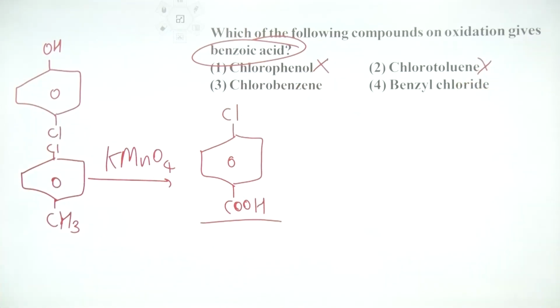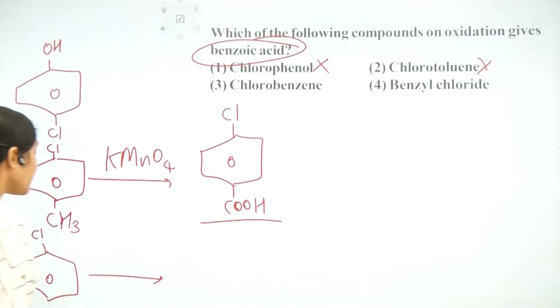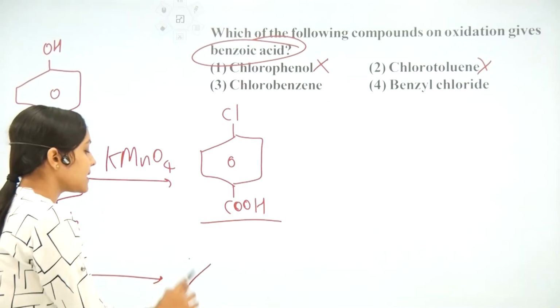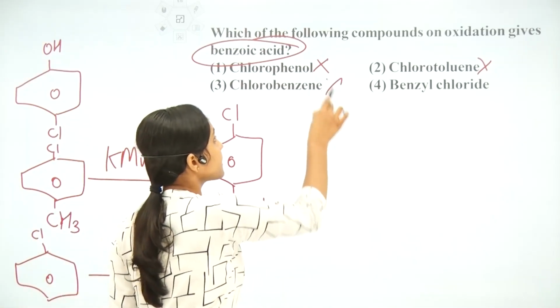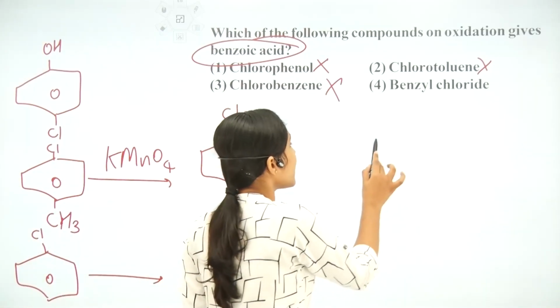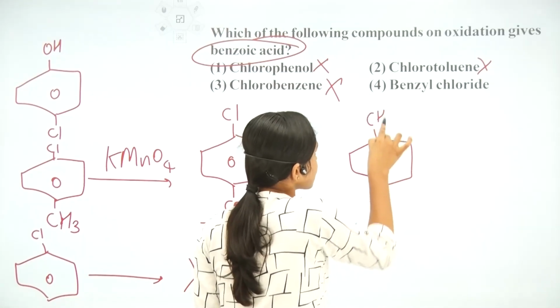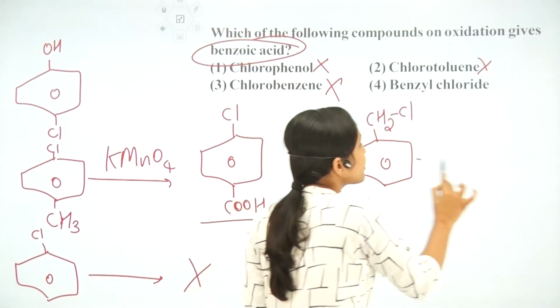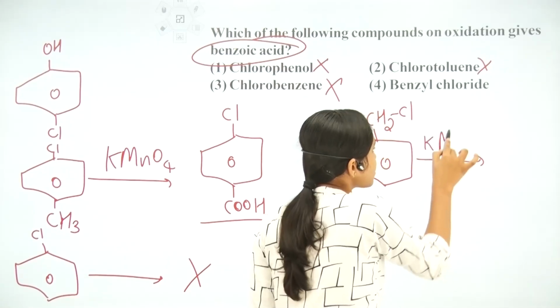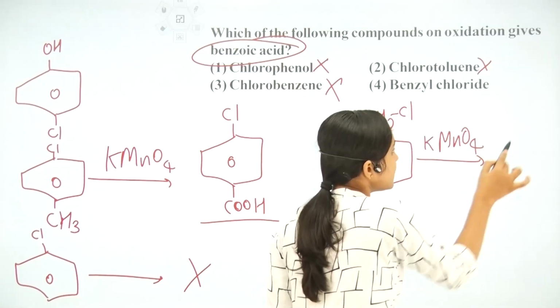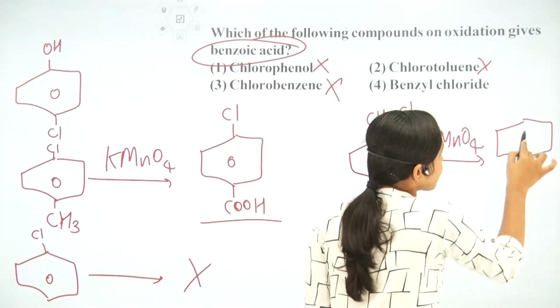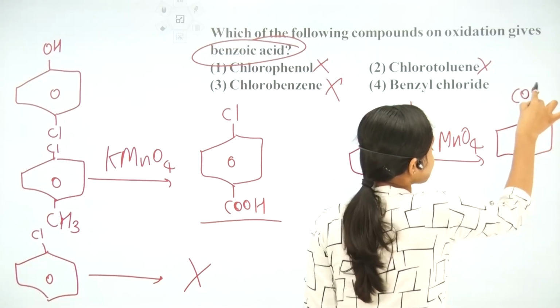Now coming to the next, option 3, this is chlorobenzene. So chlorobenzene on oxidation will not give us benzoic acid, so option 3 is also incorrect. Option 4 is benzyl chloride. So benzyl chloride on oxidation with a strong oxidizing agent like KMnO4 will give us benzoic acid.